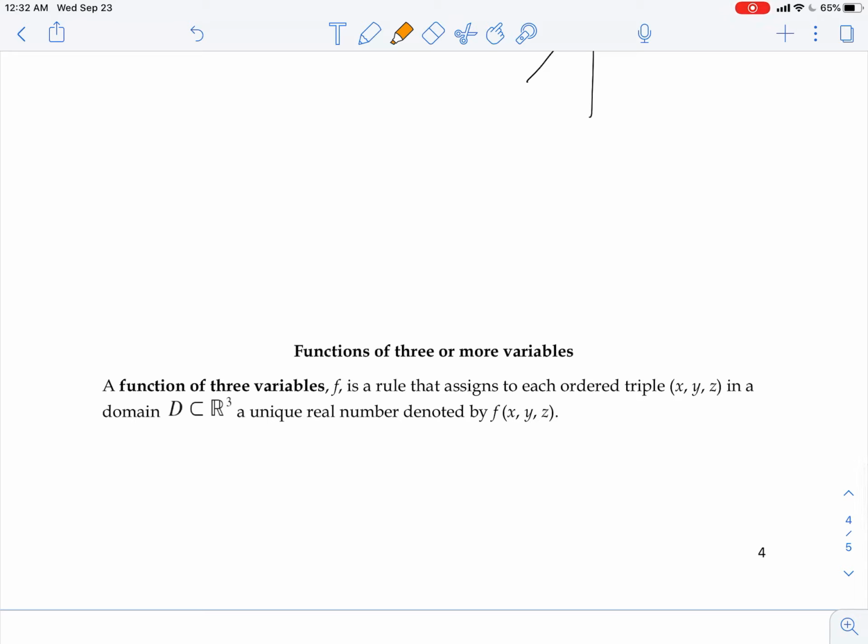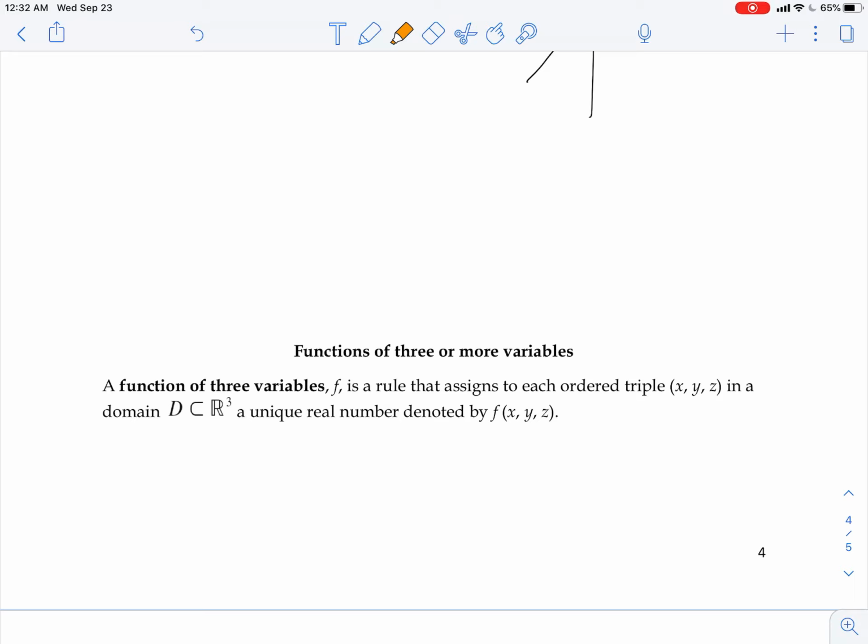All right. The last part is functions of 3 or more variables. If we have a function of 3 variables, so we have 3 independent variables, f is a rule that assigns to each ordered triple x, y, z in the domain a unique real number denoted by f of x, y, z. So the domain is going to be the 3-dimensional coordinate system.